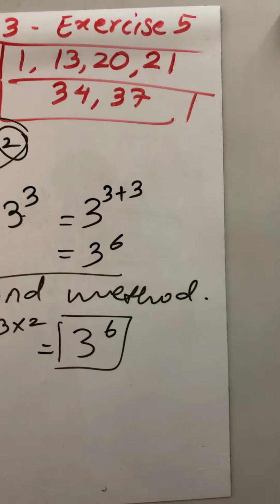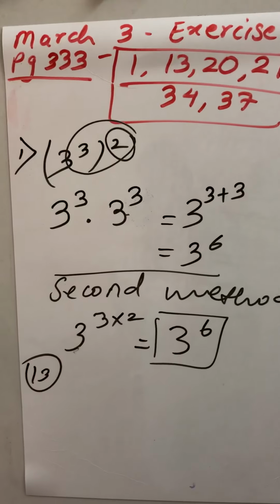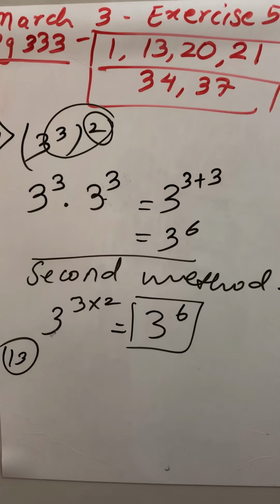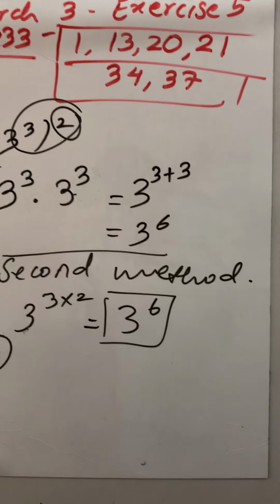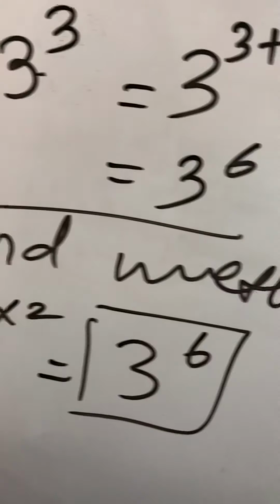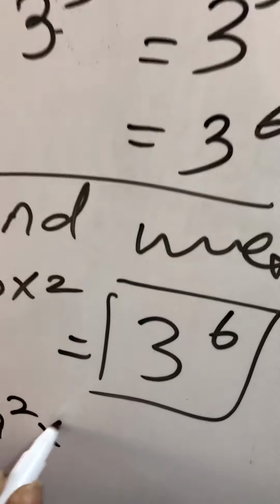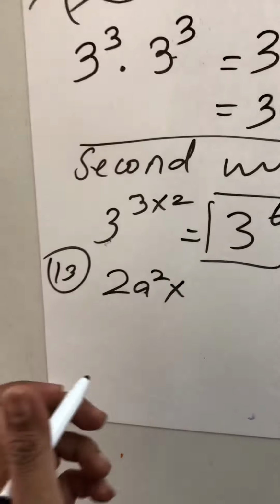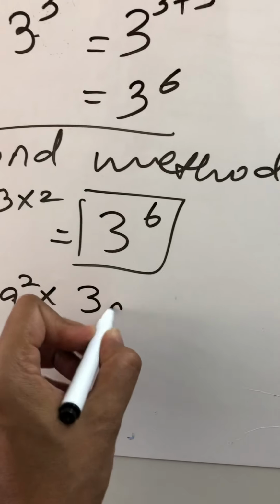The next question is number 13 that I'm going to solve. 2a square times 3a square.